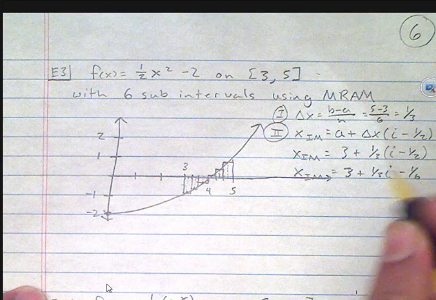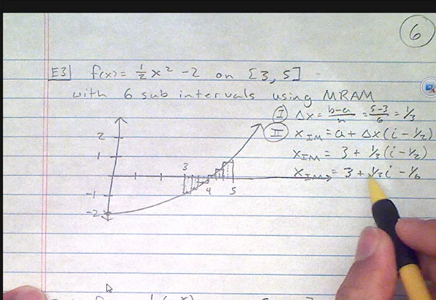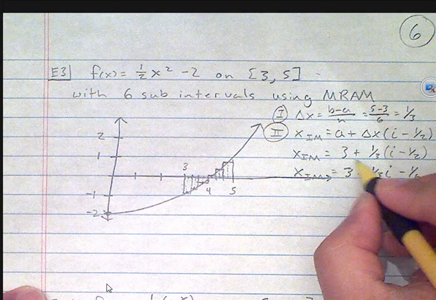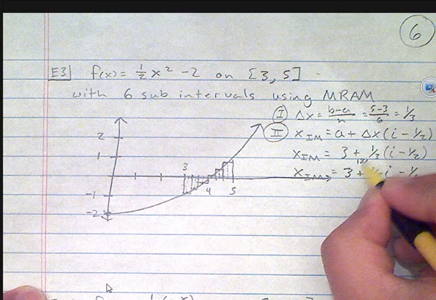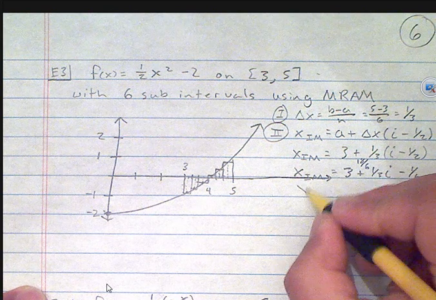So 3 with a common denominator would be 18 over 6. x of I, m.